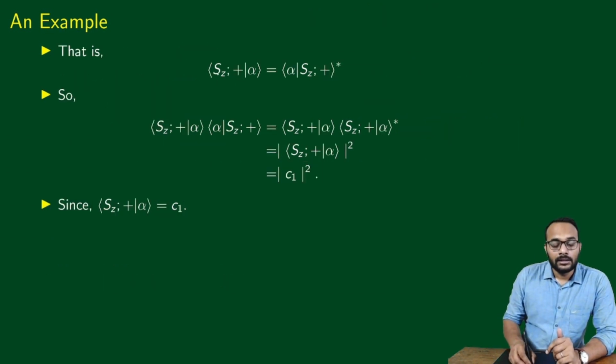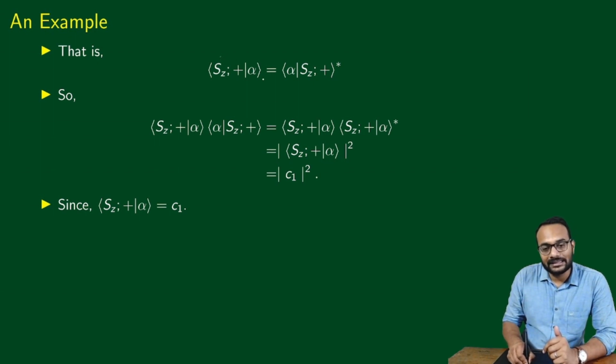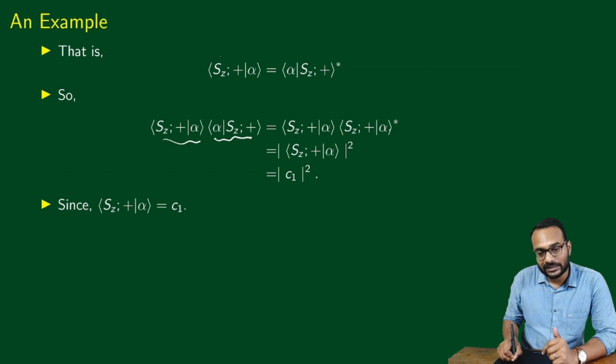So I repeat here, bracket sz plus alpha is equal to bracket alpha sz plus star. So we have bracket alpha sz plus can be written as bracket sz plus alpha multiplied by bracket sz plus alpha star.